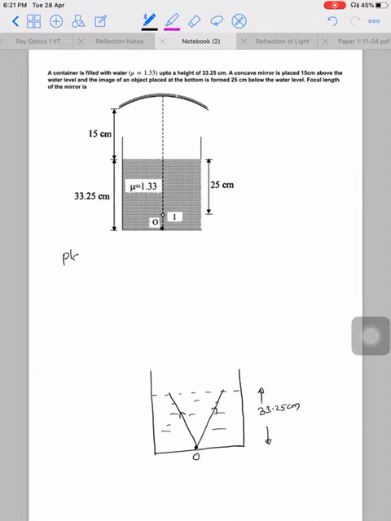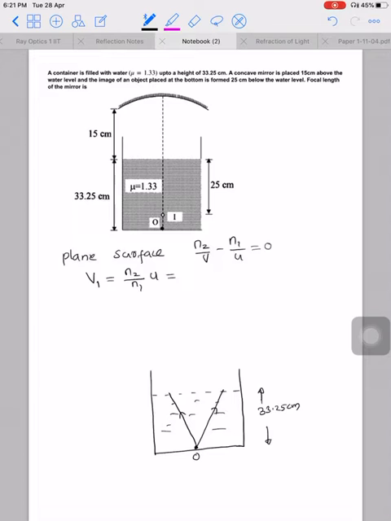So refraction is at a plane surface. For refraction at a plane surface, we have the equation n2 by v minus n1 by u is equal to 0. So first image can be represented as v1. v1 is equal to n2 by n1 into u. n1 is the refractive index of the first medium and n2 that of the second medium.